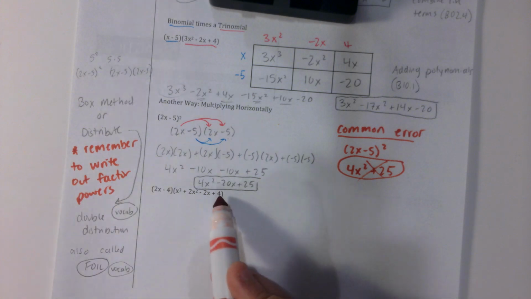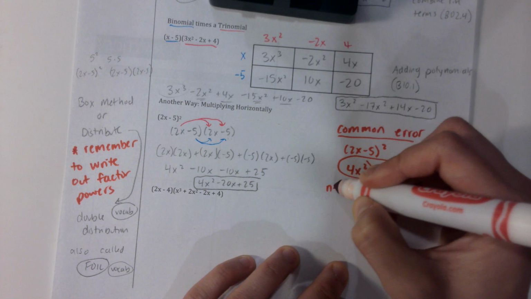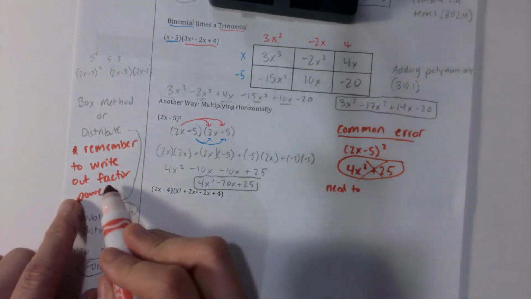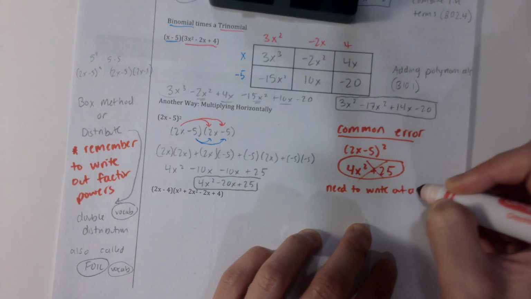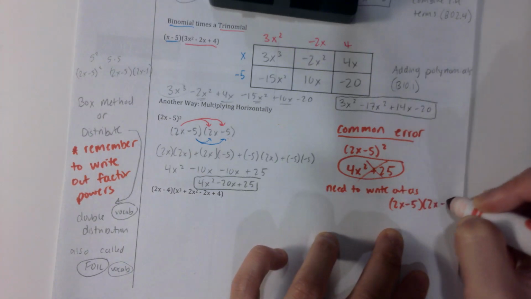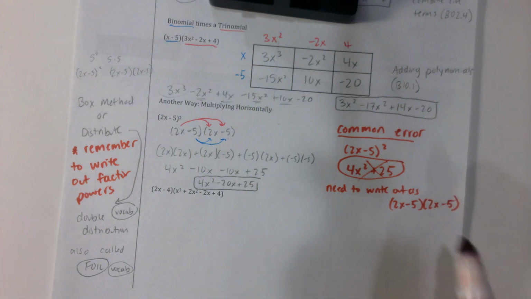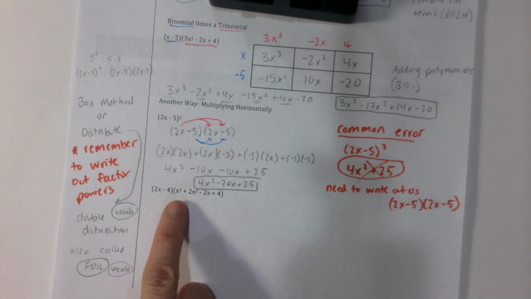They're missing this minus 20x because they didn't write it out. Need to write out my factor powers. If you don't write this out, you might make this error. This is a super common error. Don't do it.